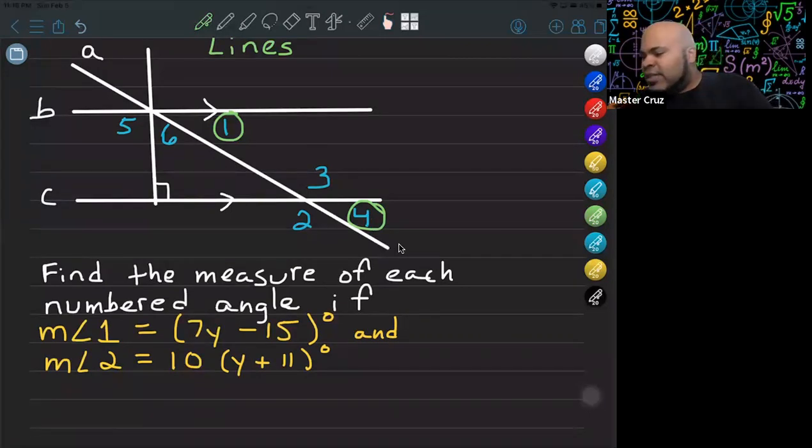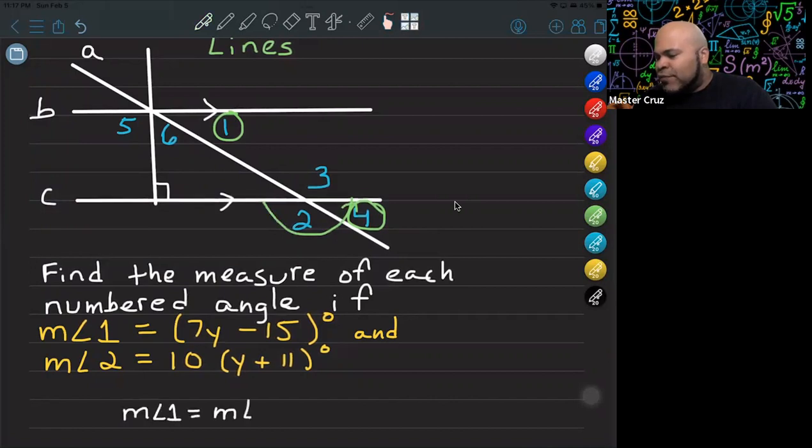And hopefully you can see that angle 2 and angle 4 form a linear pair. If I add these two angles together, that gives me 180 degrees. So the measurement of angle 1 equals the measurement of angle 4, and that is true because they are corresponding angles.